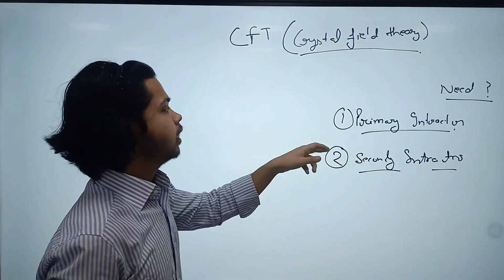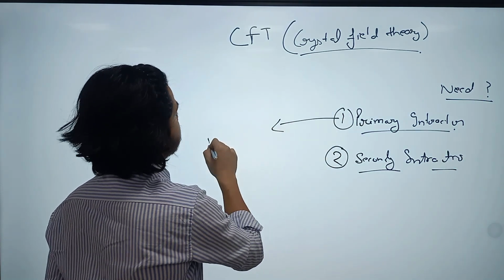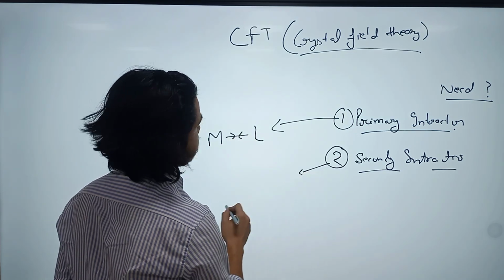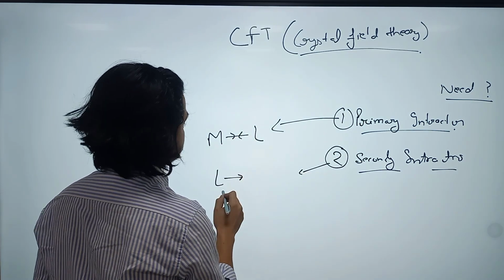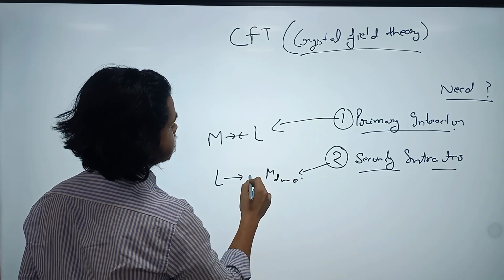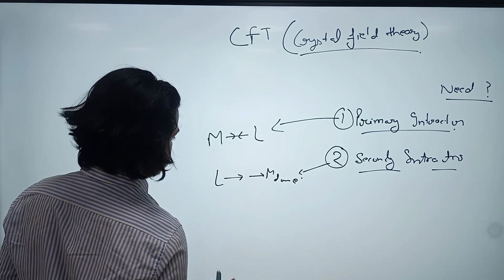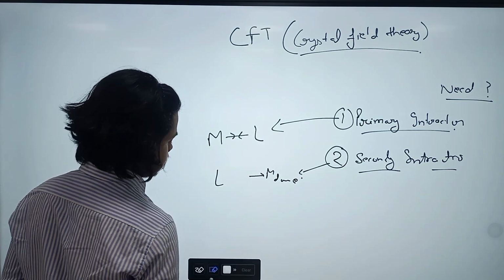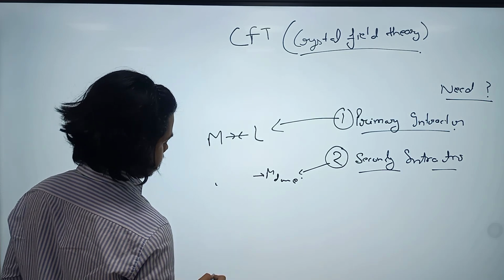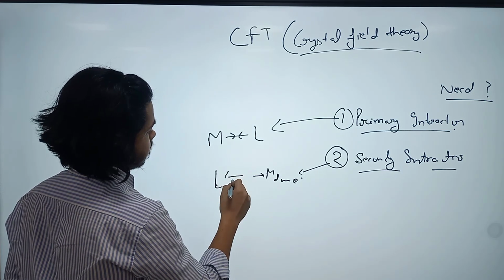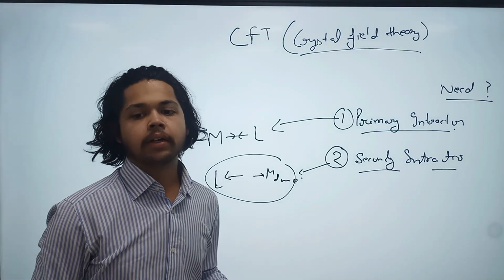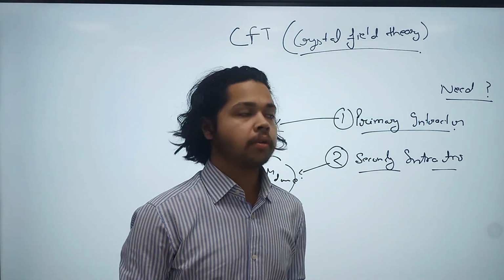The primary interaction is the metal ligand interaction, and the secondary interaction is between the ligand and the electrons of the metal d orbitals, which is a repulsive interaction, due to which orbitals get split. So let's get deeper into that.